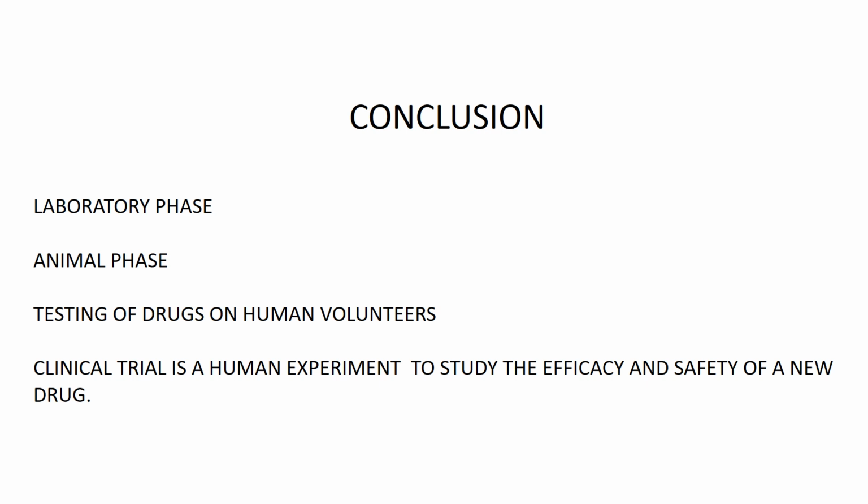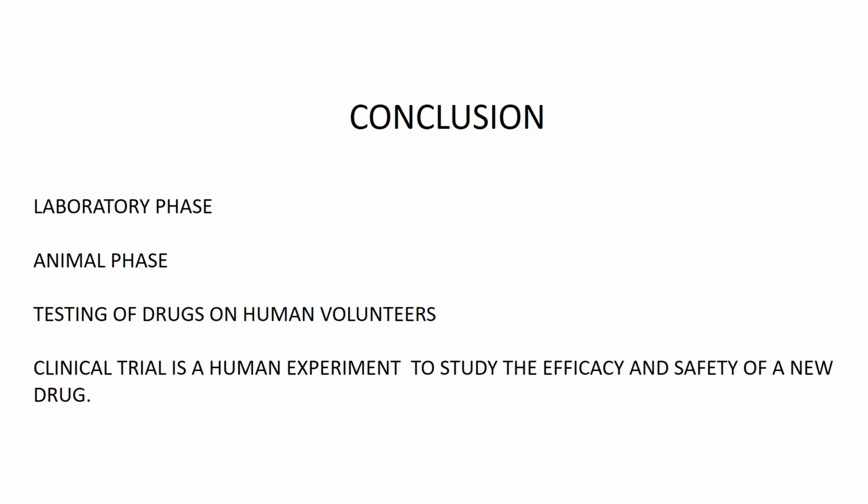So a clinical trial basically involves a human experiment to study the drug efficacy and safety of a new principle, a new active compound or a new drug. And in the exam, how you need to remember is, if you get this question, that is testing of drugs on human volunteers, first you need to write about the phases, phase 1, phase 2, phase 3, phase 4, etc. And also you need to mention FDA guidelines.